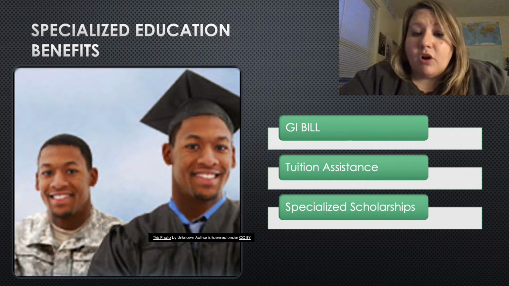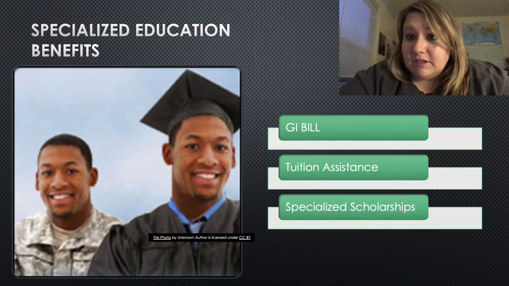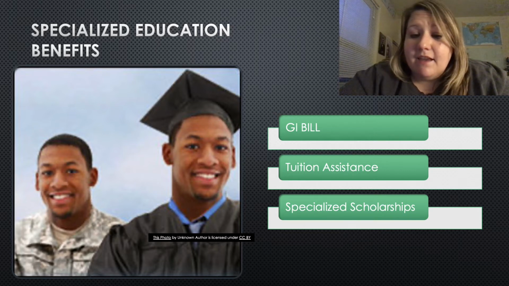So there are certain benefits that are offered specifically to military students, but we have to understand how higher education institutions are going to be able to provide the resources necessary to process this.